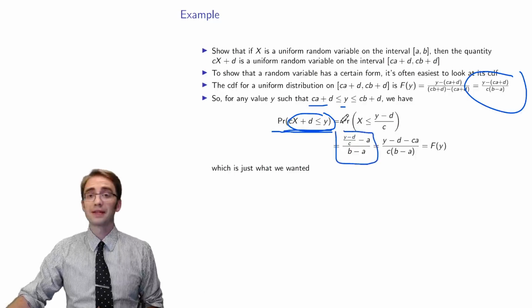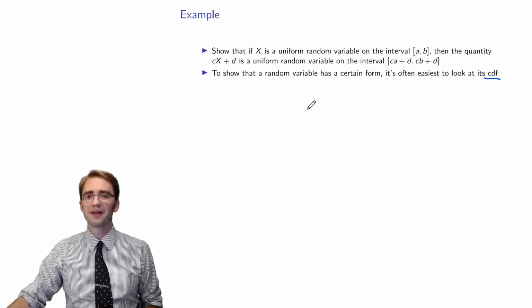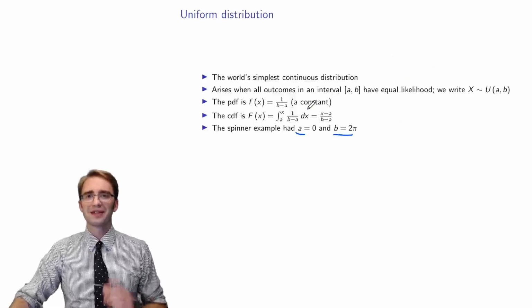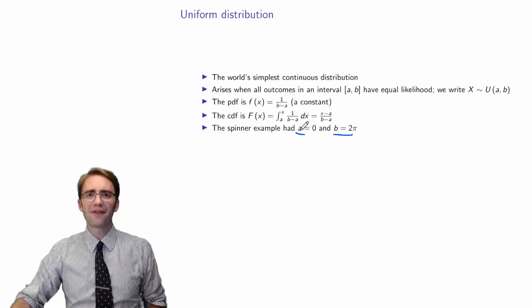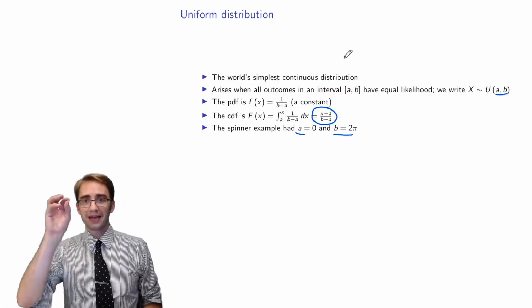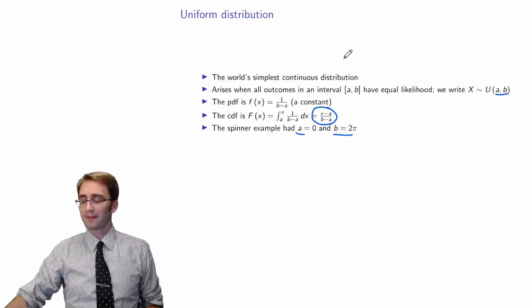I'll skip back to the definition of a uniform random variable, and then show you that expression, which I want you to lock into your brain. The CDF for a uniform random variable from a to b is x minus a on b minus a. When you evaluate the CDF at a point x, it's x minus a, divided by b minus a.